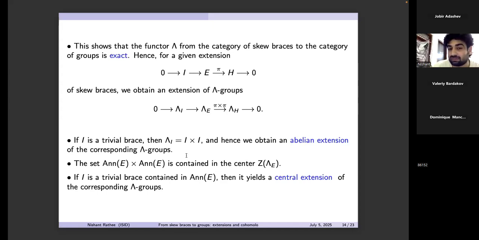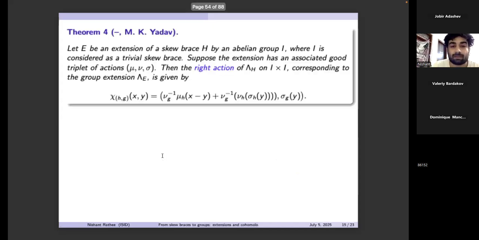Alternatively, we can see that if this I is in the annihilator of E, then the action is trivial. So an extension is a central extension if and only if the associated action is trivial. So from that also we can see that an annihilator extension induces a central extension of the lambda groups.